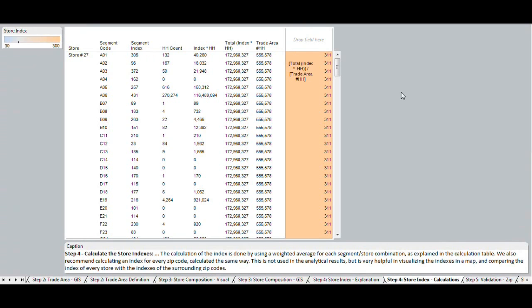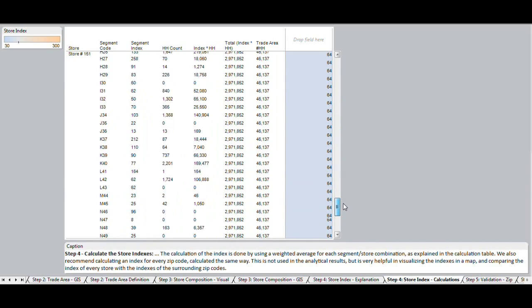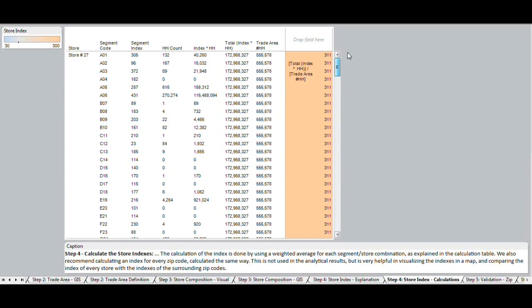Now let's look at how the indexes are calculated, because there's some math behind it, and we calculate the index for those same three stores here. And basically what we do is we know the index of the segment for the product, we know the household count in the trade area, and what we do is a weighted average. So we multiply the index times the number of households. We see that's the total in that specific store for the index times the number of households.